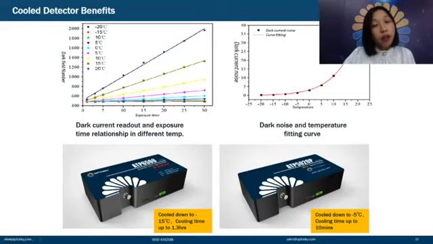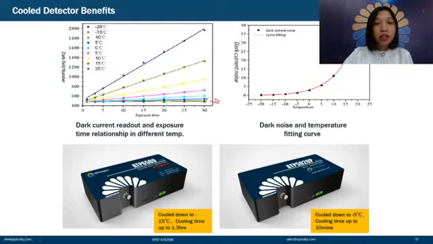However, with the gradually rising integration time, the dark efficiencies differ.